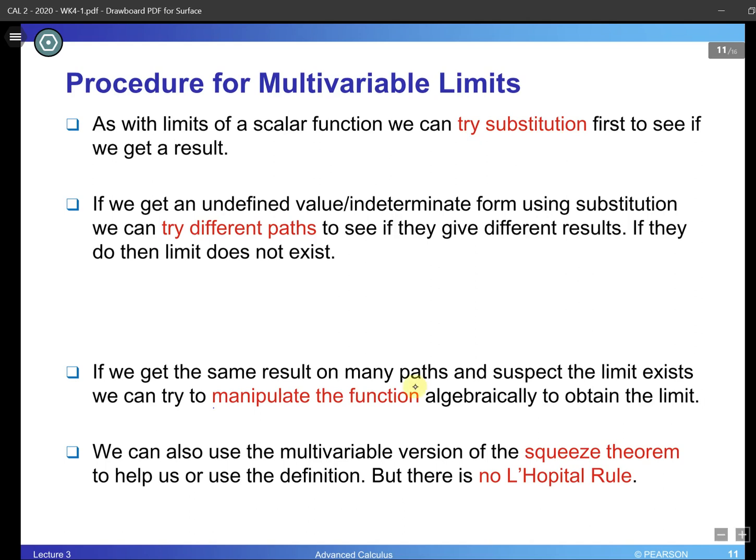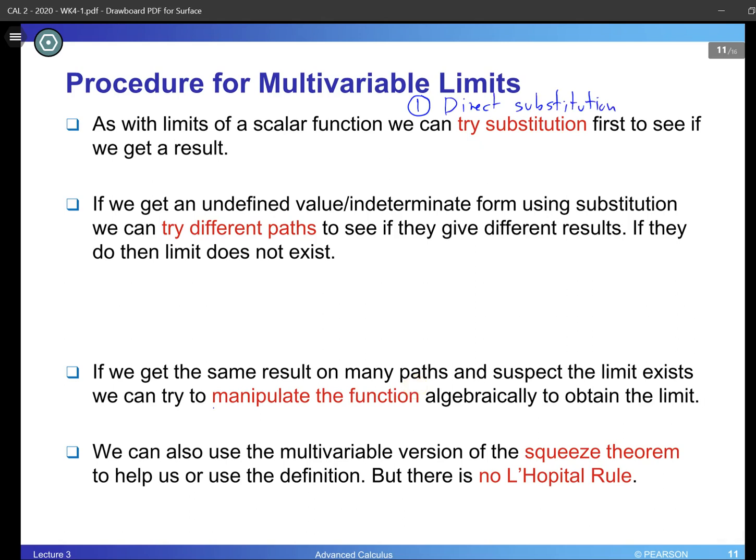So when it comes to finding a limit, this number one right here is the first thing I always do. The first thing is try substitution. So I'm going to put direct substitution right here. So let's put an example right here.